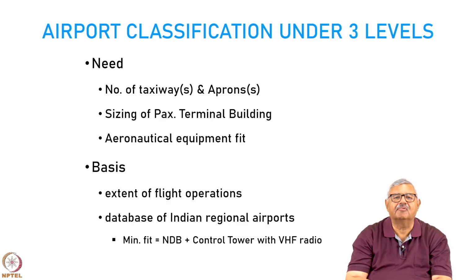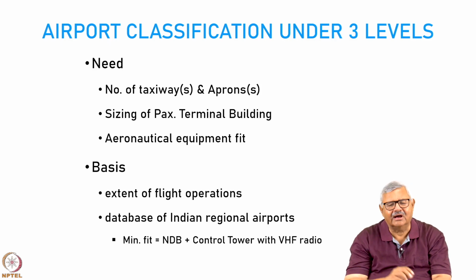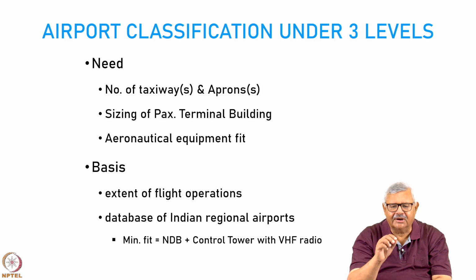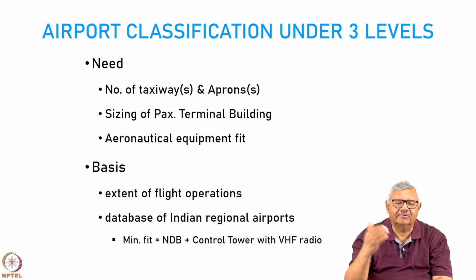Now, based on the study of this particular database of airports, I came to the conclusion that the minimum fit of equipment that at that time was required at an airport in India to operate was a non-directional beacon or NDB, and some control tower, need not be a very tall building, some control tower with at least one VHF radio to allow direct communication between the pilot and the radio.